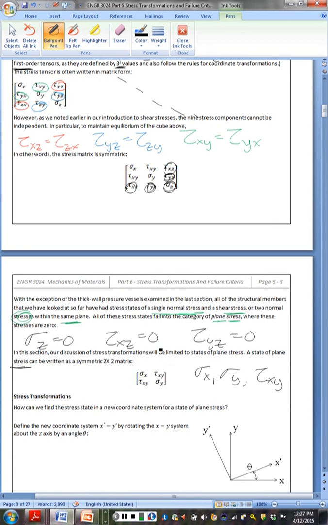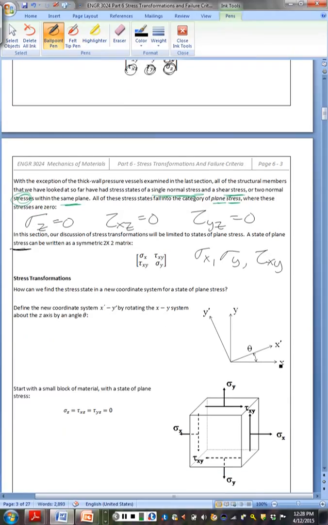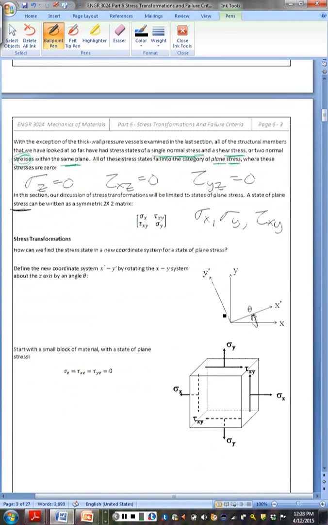So, how do we now deal with these coordinate transformations? If we have an original xy coordinate system and we want to move the quantities that we're dealing with into a new coordinate system that we're going to call x prime, y prime. So this is the scenario that we're talking about, moving the coordinate system through a rotation angle theta.